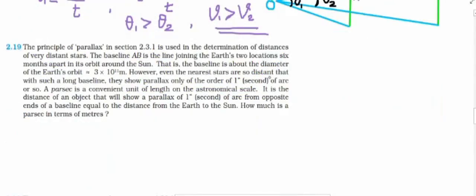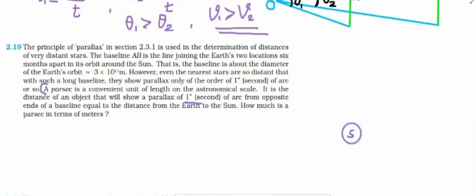Then next, again the question gives the definition of parsec. A parsec is a convenient unit of length on the astronomical scale. Okay, it is the distance of an object that will show a parallax of 1 second of arc from opposite ends of a baseline equal to the distance from Earth to Sun. Okay, so we can have the Sun.